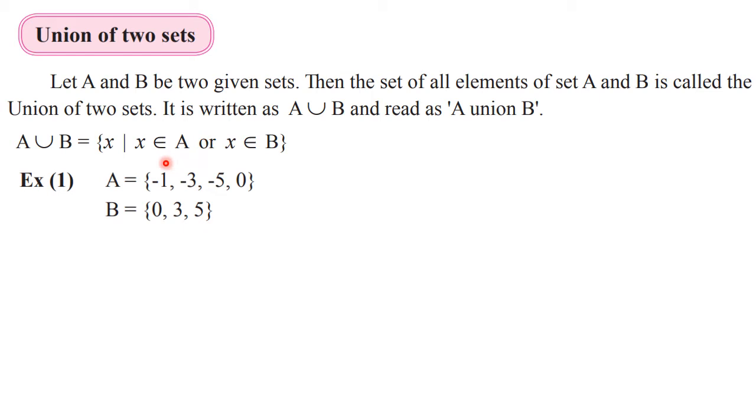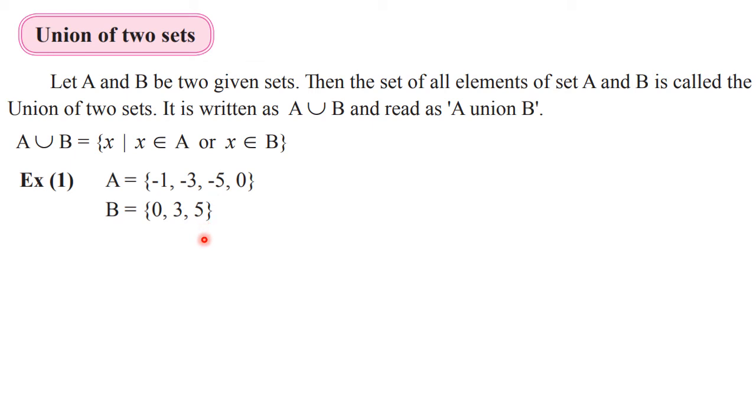That means the element should belong to both the sets. It should be common. But for union it is not like that. Either the element should belong to A or the element should belong to B. So together here we are going to get the union.